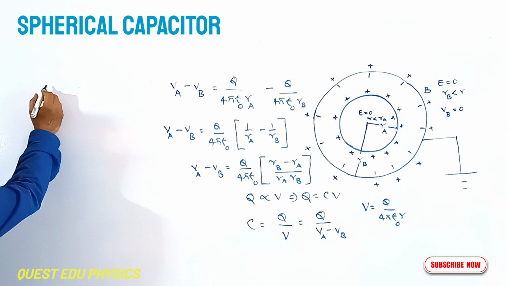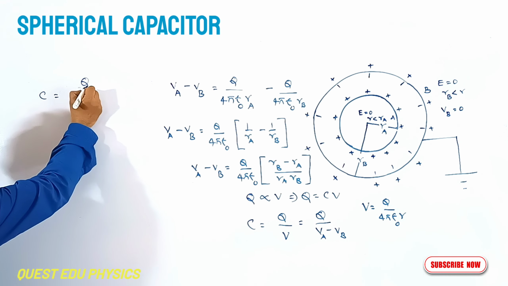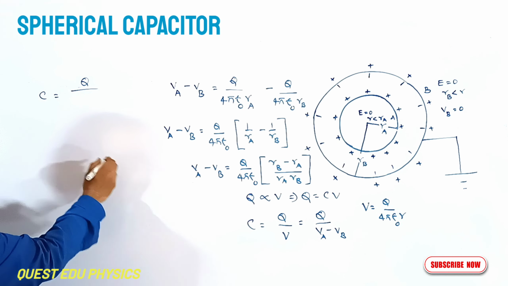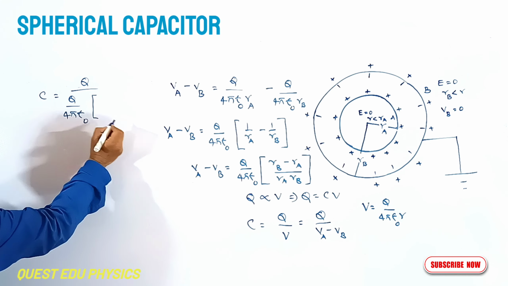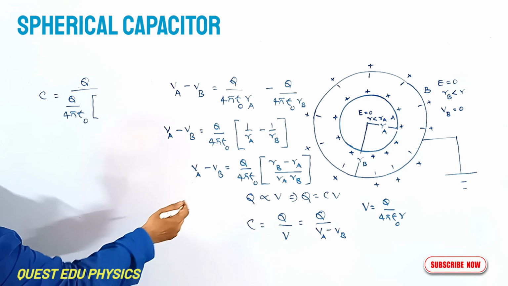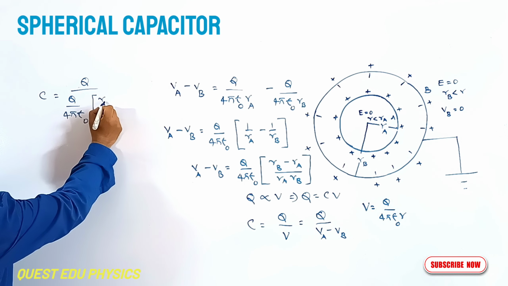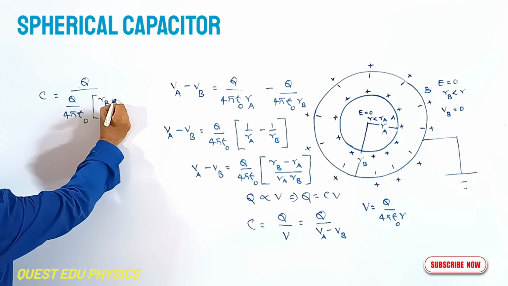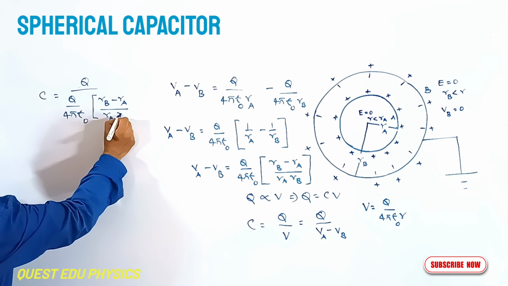Then the equation is C is equal to Q upon Q by 4 pi epsilon naught multiplied with RB minus RA by RA RB.